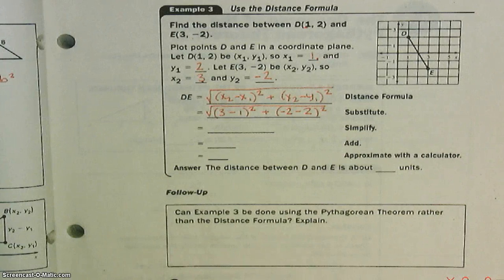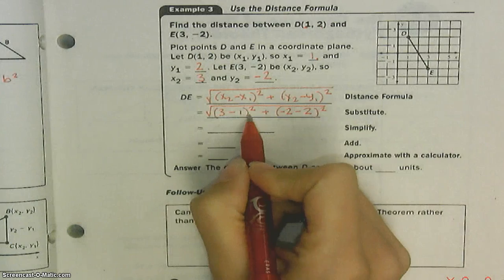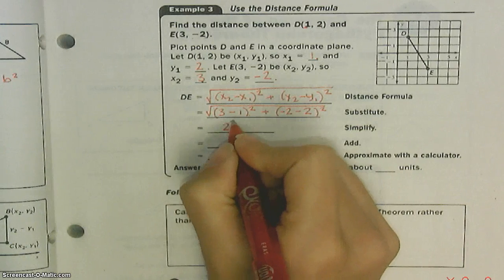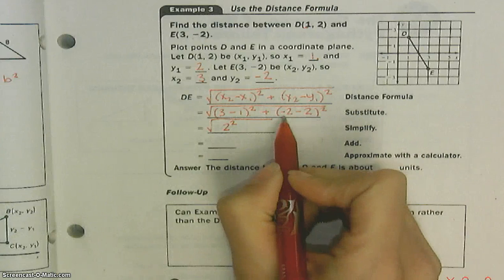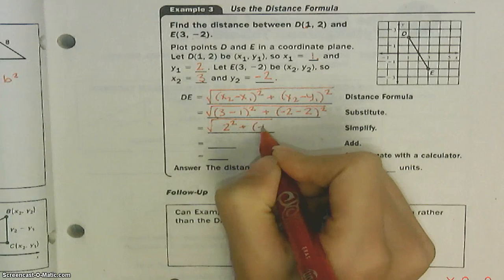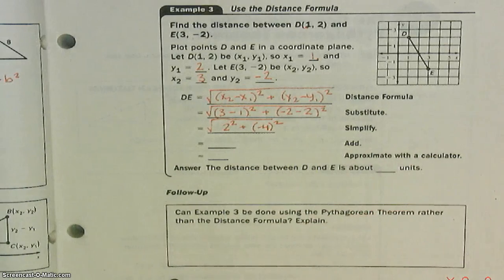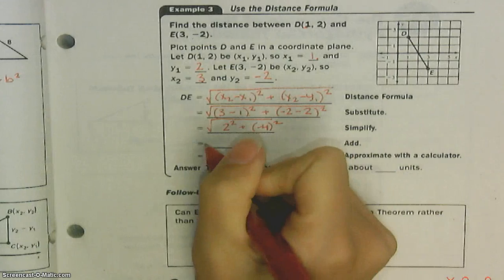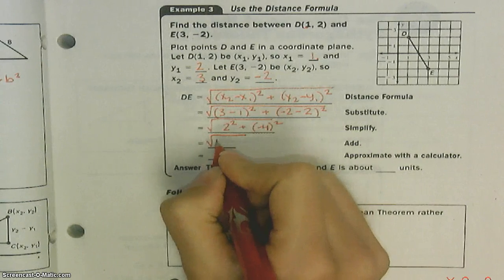Now we have to simplify this, and you can use your calculator if you need to. I know that 3 minus 1 is 2. Don't forget your square root. And -2 minus 2 is -4. Make sure you keep that in parentheses, otherwise when you put it in your calculator, it's going to calculate wrong. Now 2 squared is 4.